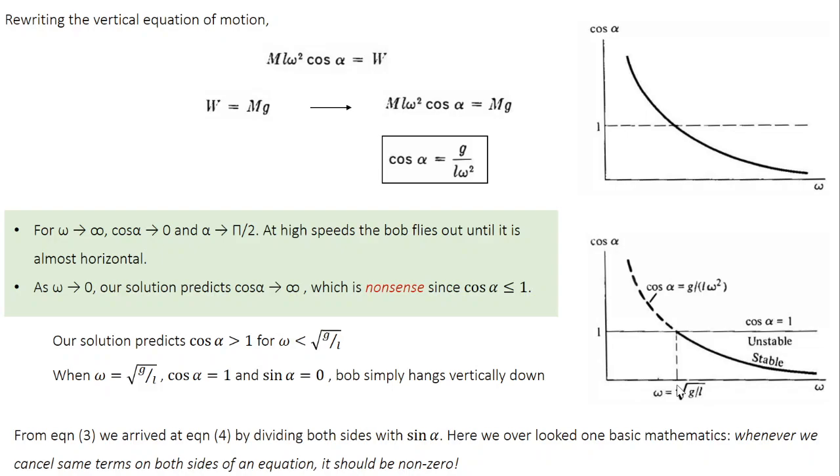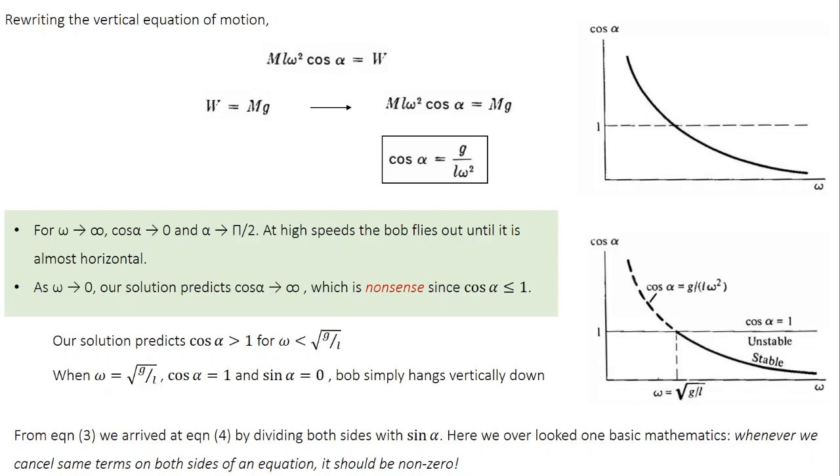Now our solution predicts that for all omega less than square root of g by L, basically this side, cos alpha is greater than 1, and at this point when omega equal to square root of g by L, cos alpha equal to 1. And I know that cos square alpha plus sine square alpha equal to 1, this is a fundamental trigonometric relation.